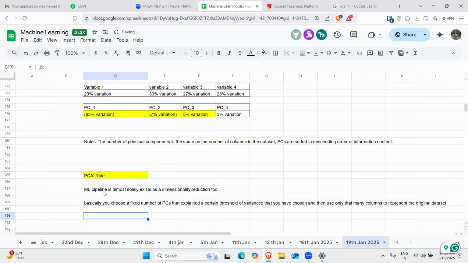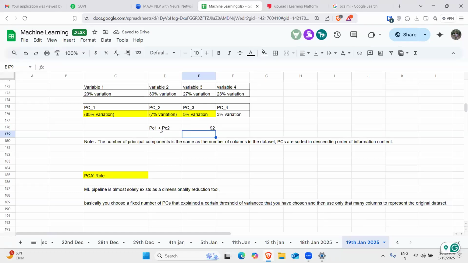So we'll set a threshold, like we want only 90% of the information. I'm going to get that with only these two principal components. If I only consider PC1 and PC2, these two columns, I'm getting 85% plus 7%, that is 92% of the information of the data.